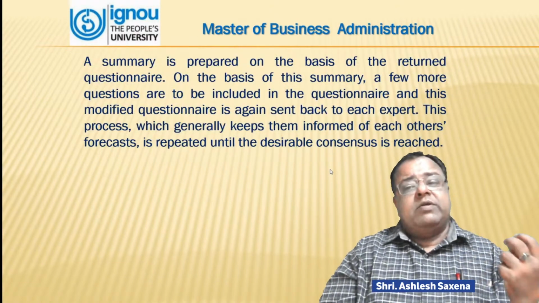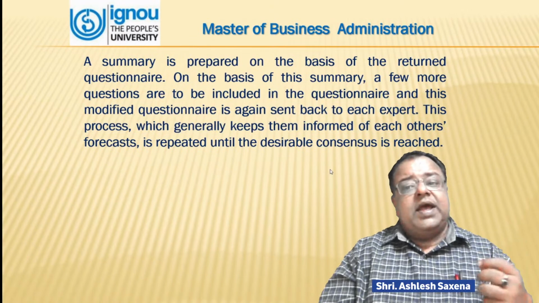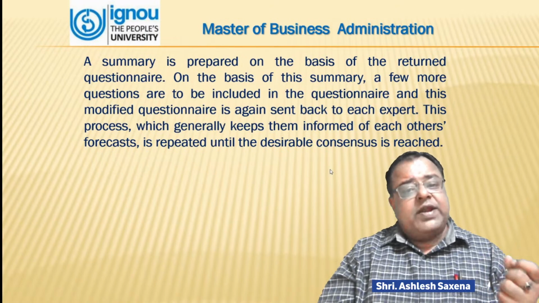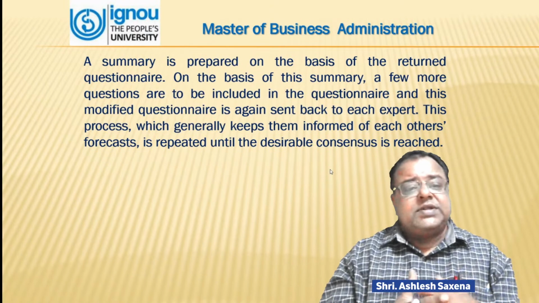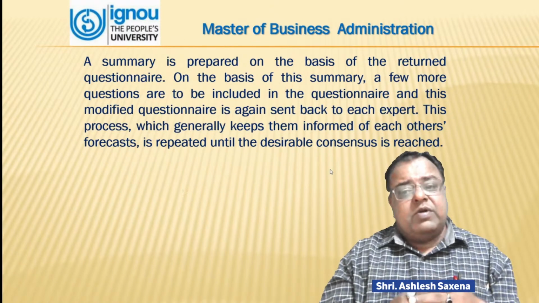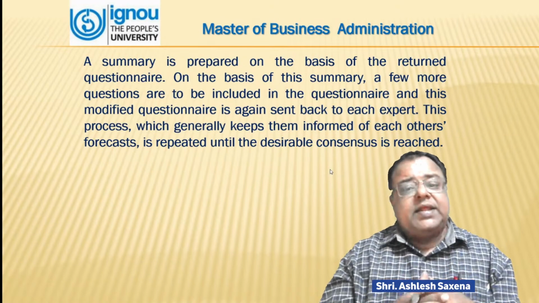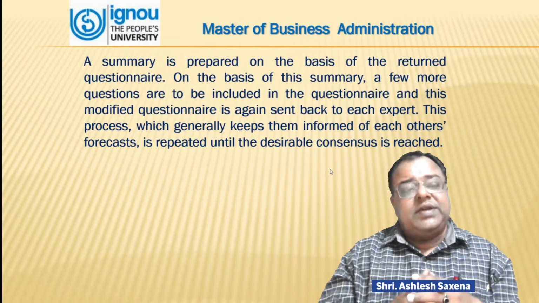A summary is prepared on the basis of the written responses. On the basis of this summary, a few more questions are included in the questionnaire, and this modified questionnaire is again sent back to the experts. This process, which generally keeps them informed of each other's forecast, is repeated until the desirable consensus is reached. This is the Delphi method.